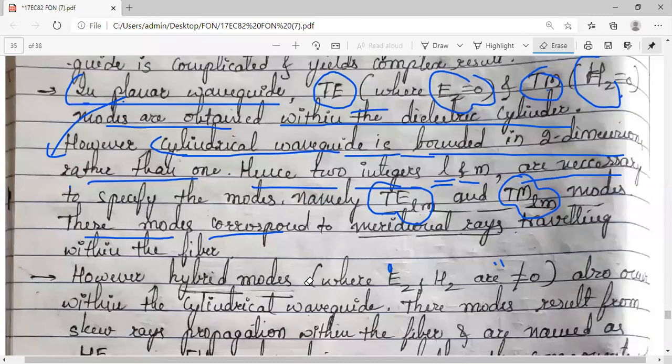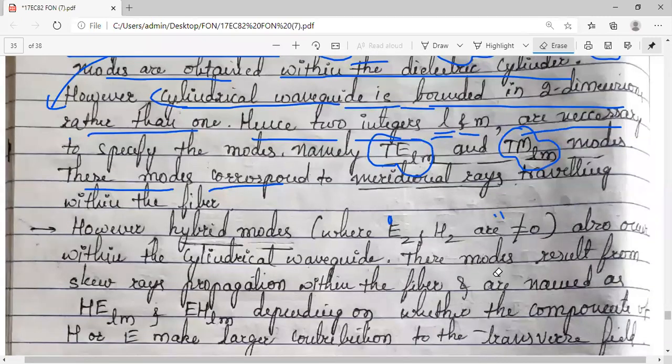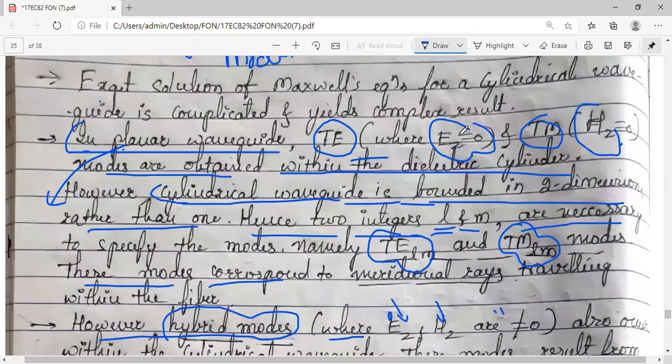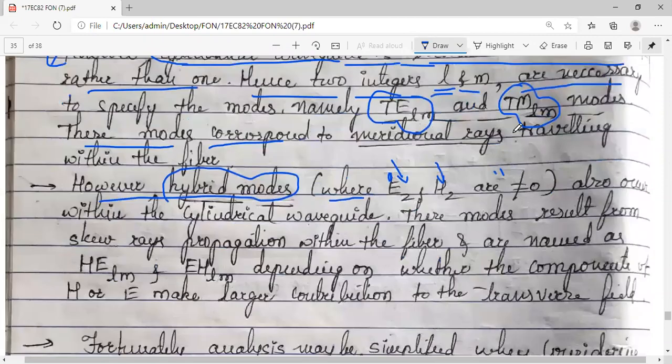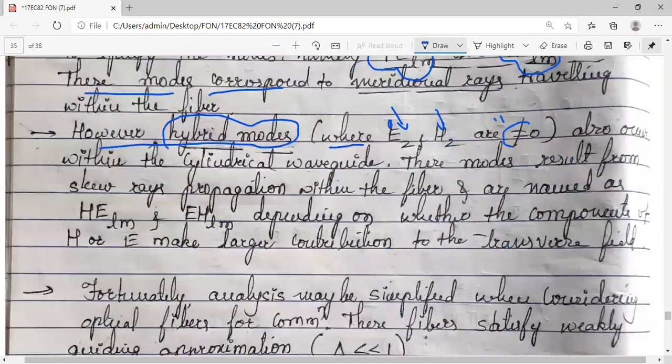Now coming to the skew rays. When I talk about the skew rays, we will come across the hybrid modes. Hybrid is a combination, right? In hybrid mode, the condition is that Ez and Hz, which were 0 in planar waveguide, are non-zero here.